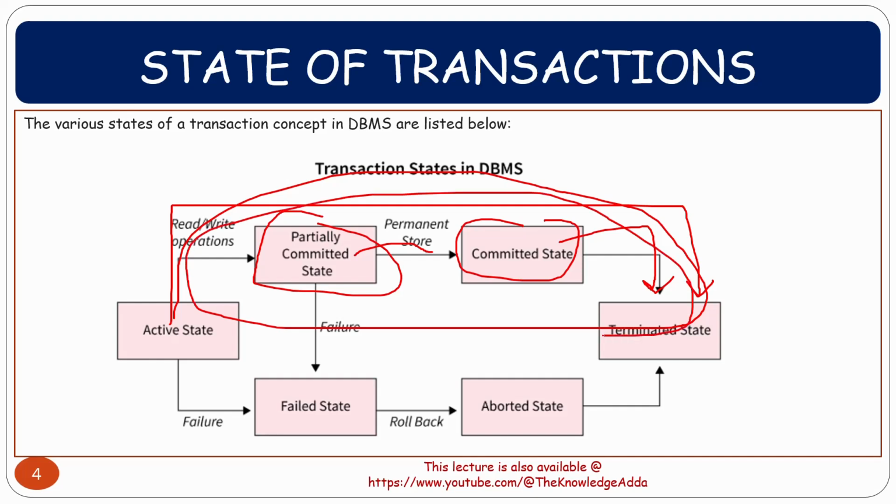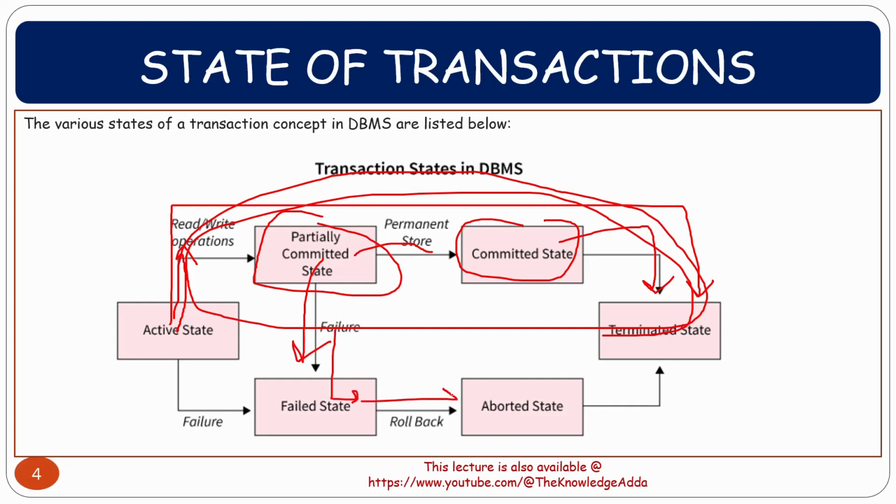Now, what happens second? Suppose you write any query, press the execute button, and you get an error. In the lab we have seen that if there is any command error, you execute it and below you can see the error message, for example, invalid object. Here your transaction has failed, and that comes under the failed state.